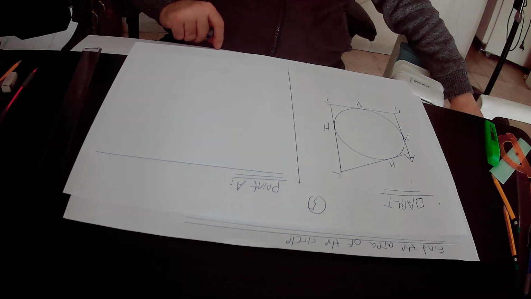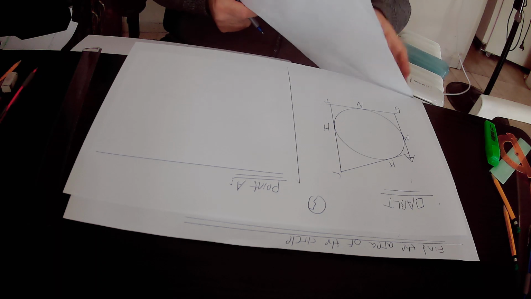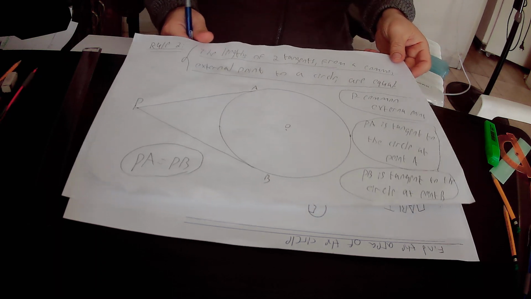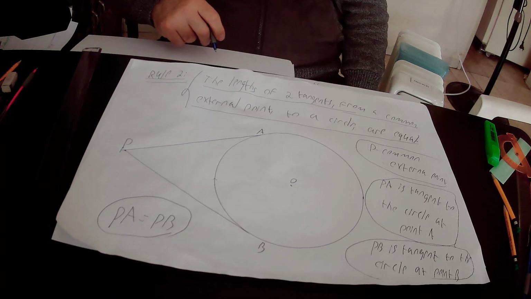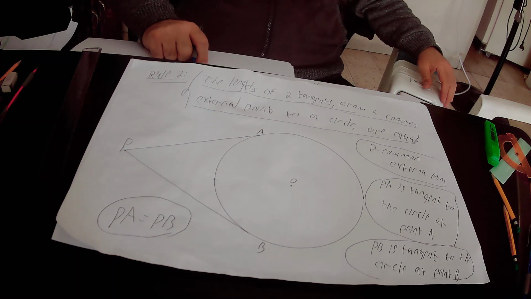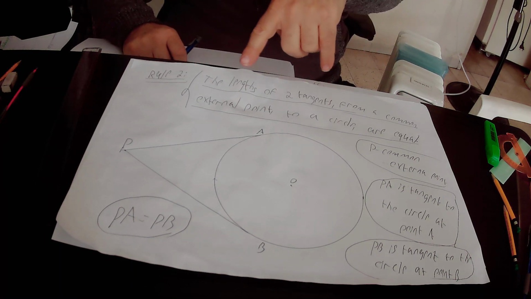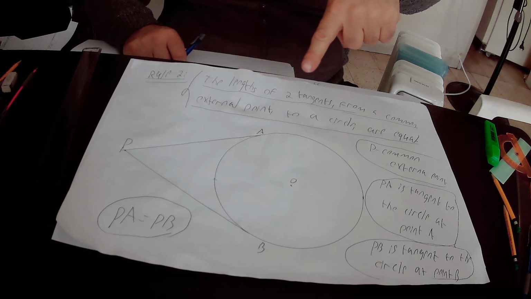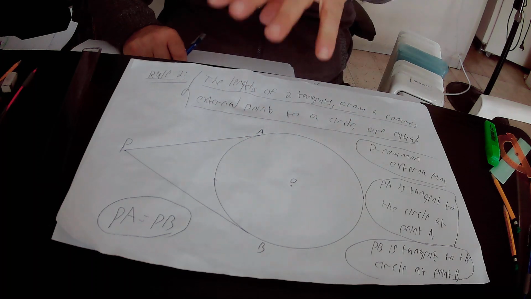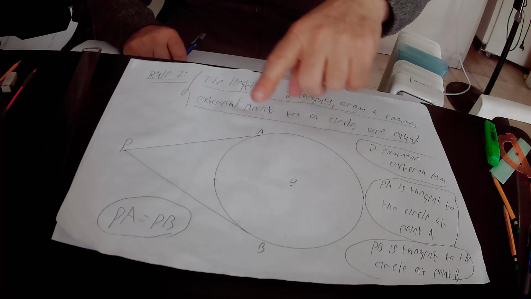I'll remind you quickly what is rule 2. According to rule 2, the lengths of two tangents from a common external point to a circle are equal. In the drawing we have a circle and the common external point P. From the common external point P we have two tangents to this circle, tangent PA and tangent PB. And according to this rule 2 they are equal to each other. That is to say PA equals PB.